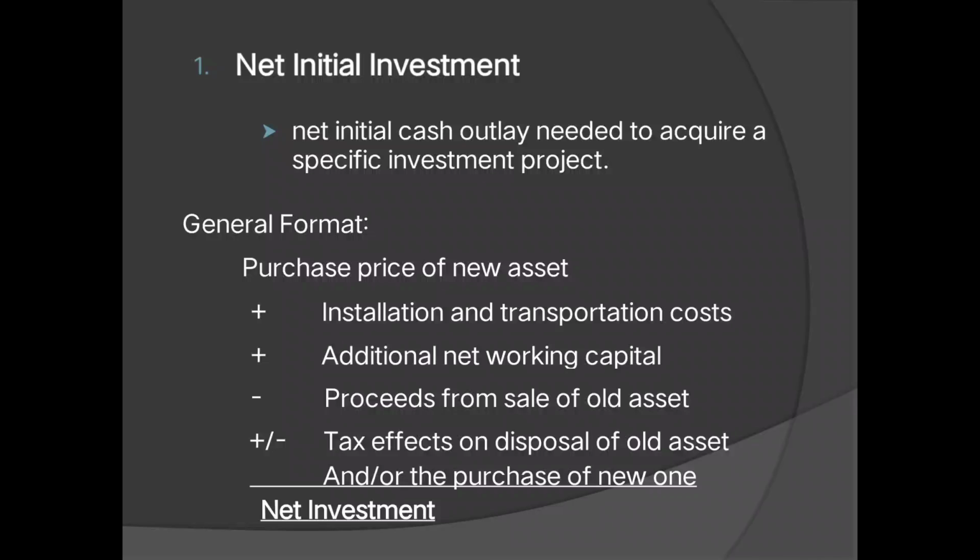Then, yung mga cash inflows naman dyan is the proceeds from sale of old asset. Kasi kung ibebenta natin yung old asset, syempre may makukuha tayong pera doon. Then, yung tax effect on disposal of old asset or yung pagbili natin ng bago. So, ibig sabihin, sa pag-solve ng net initial investment, kailangan alam natin kung ano-ano yung mga cash inflows and cash outflows para ma-solve natin ng maayos yung net investment.